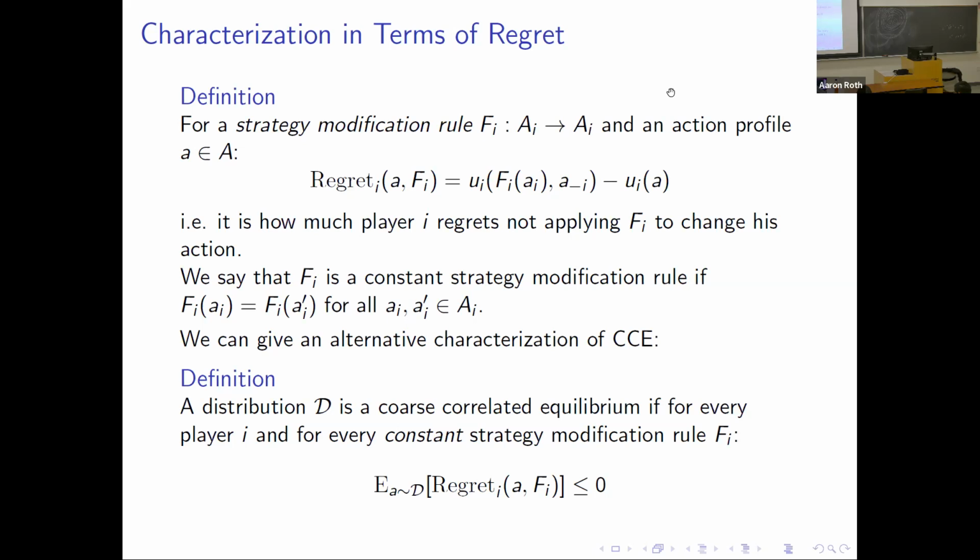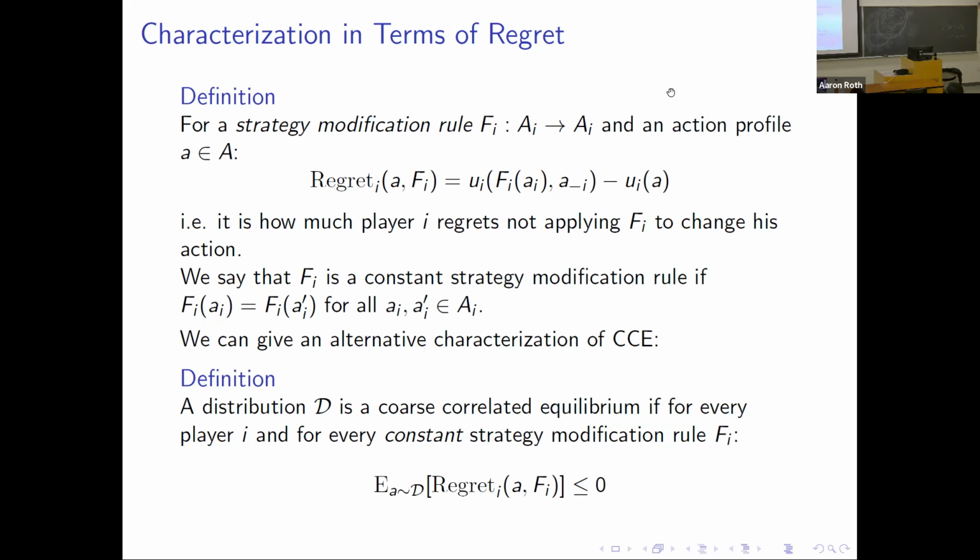So a distribution over action profiles is a coarse correlated equilibrium if simultaneously for every player i and for every constant strategy modification rule, their expected regret to that constant strategy modification rule is non-positive. They don't have any expected regret.